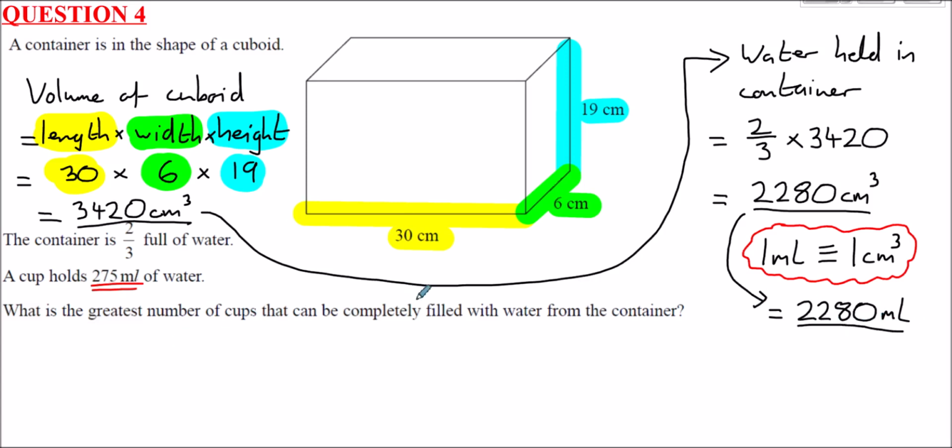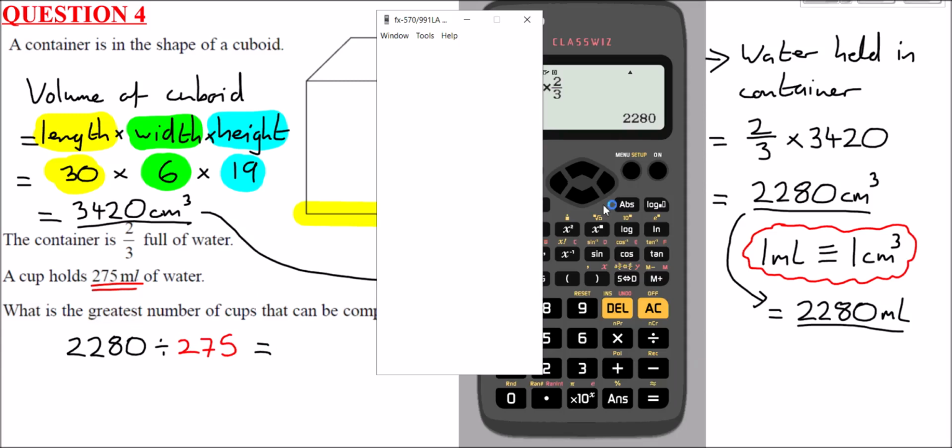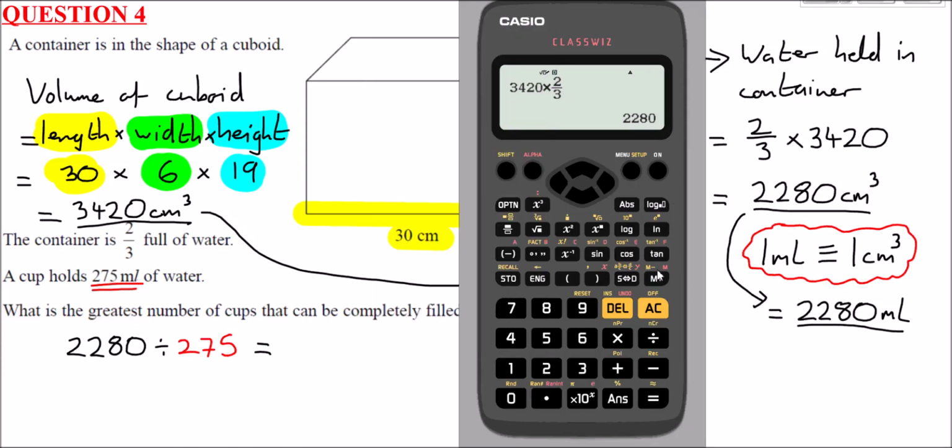So the number of cups of 275 millilitres each that can be filled from 2,280 is going to be 2,280 divided by 275. We just do this on the calculator and see what we end up with. So 2,280 divided by 275.